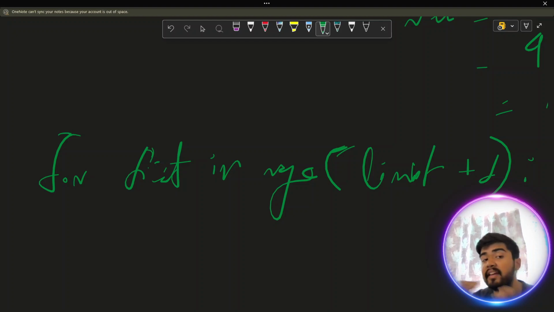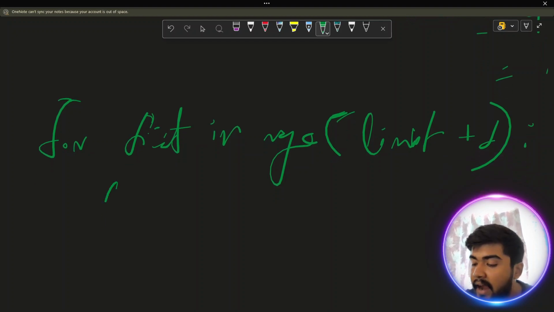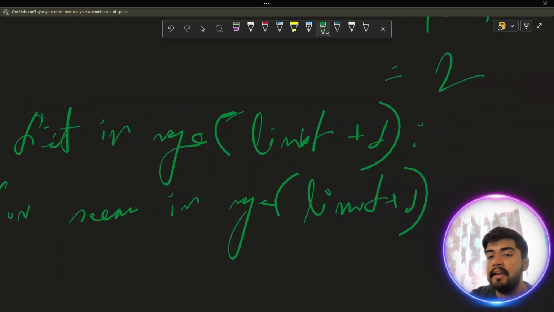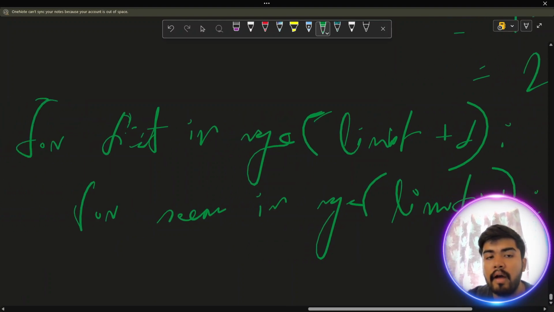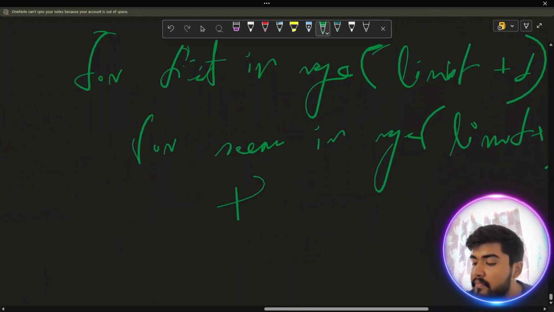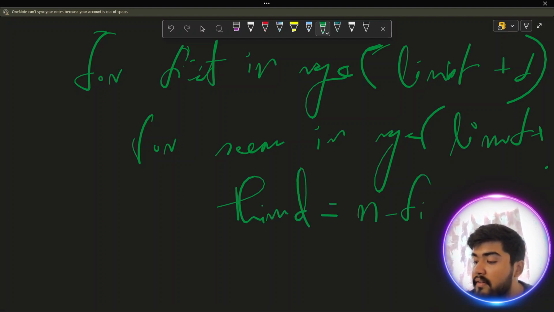Now I can run another nested for loop for the second child. It should also run from 0 to limit, so that is limit plus 1. Agree, guys? Now my third child's contribution: how much is the third going to get? The third is going to get n minus first minus second.